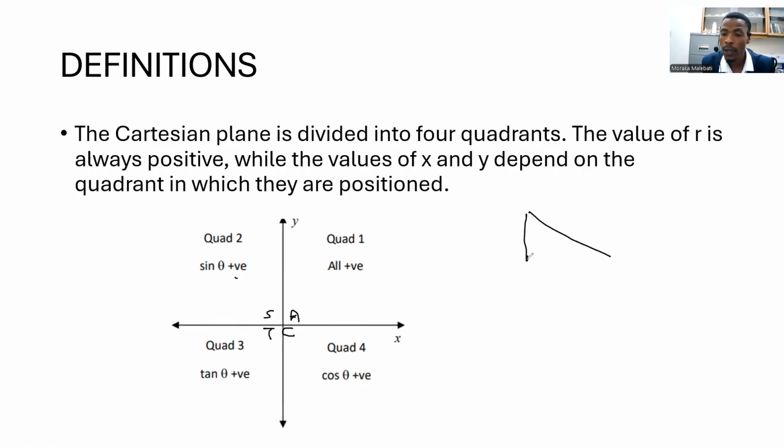So we are looking at the right angle triangle. Here you have your hypotenuse, here you have your x, and here you have y. This one is always positive, and these are changing. This is your theta, and because this is a right angle triangle, theta and this other angle must add up to 90 degrees.